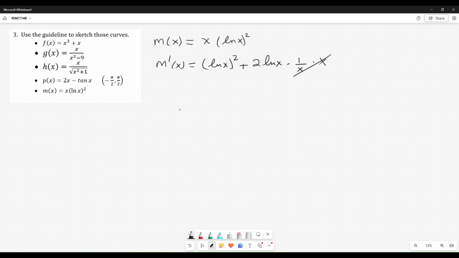Wow, this cancels. So the first derivative expression is logarithm of x squared plus twice logarithm of x. Okay? If you factor logarithm of x outside, we have logarithm of x plus 2 equal 0.